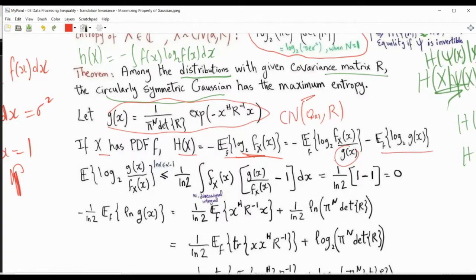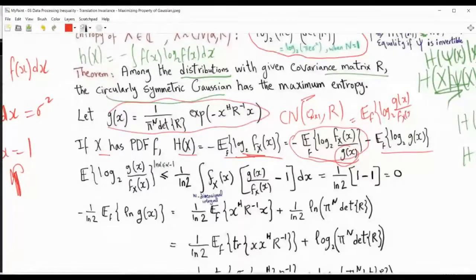So what we'll do now is upper bound. The idea to solve an optimization problem using inequalities is to upper bound and then show that the upper bound is achievable. We actually have two terms. Let's see the first term. I will say that this is equal to the expectation, using the PDF f, of log 2 g of x over f of x, taking the minus sign.